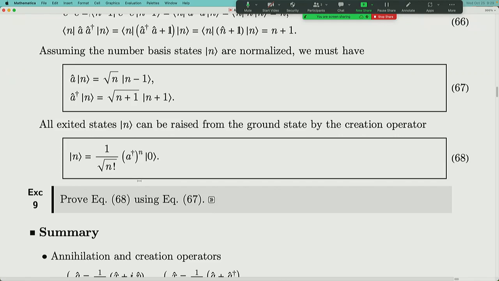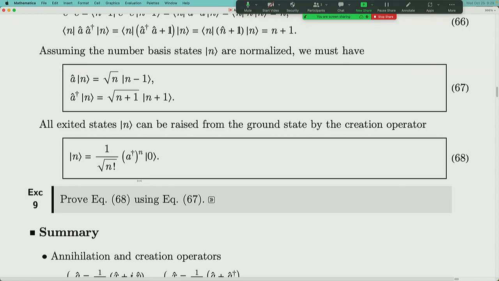So if you start from the vacuum state and apply the creation operator 3 times, all these prefactors have to be multiplied together into a 3 factorial and then square root, right? Square root of 1 times square root of 2 times square root of 3 is square root of 1 times 2 times 3. 1 times 2 times 3 is 3 factorial, which is 6 actually. So there's a factorial factor there.